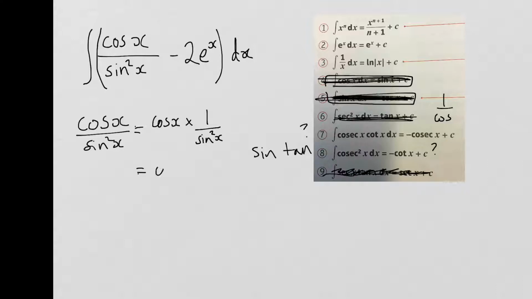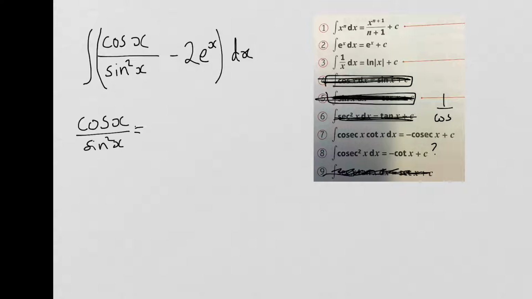And 1 over sine squared of x, we know, can be rewritten as cosec squared x. So all in all, cosec squared of x times cos x. No, that isn't really giving me any of these values just yet, is it? Okay, so try something different.